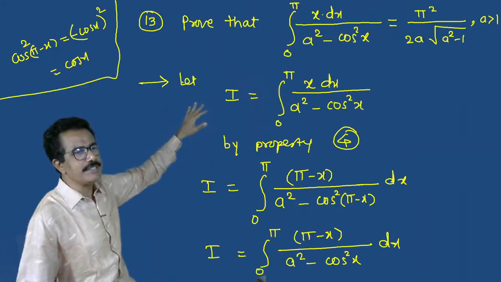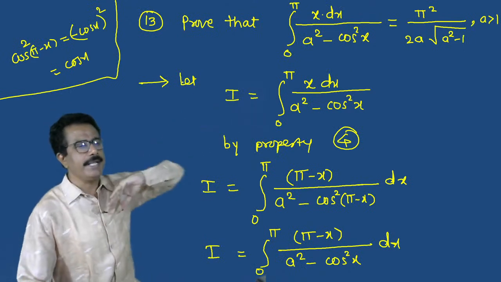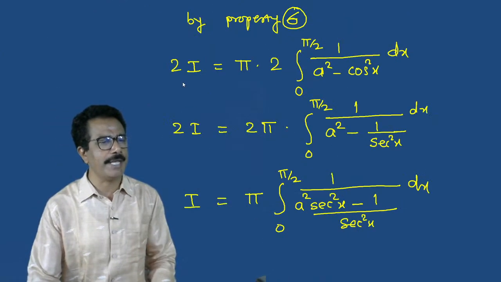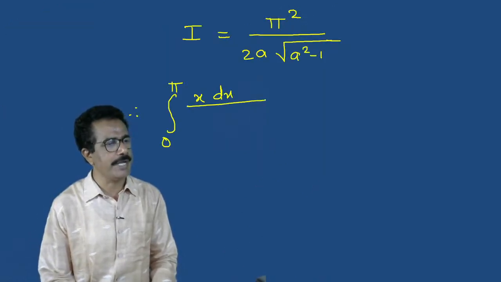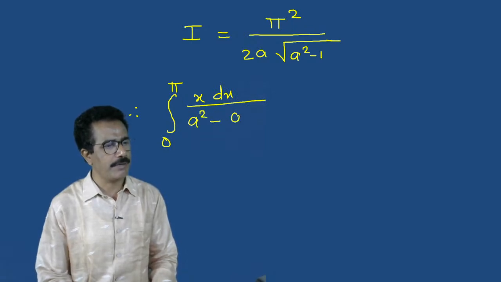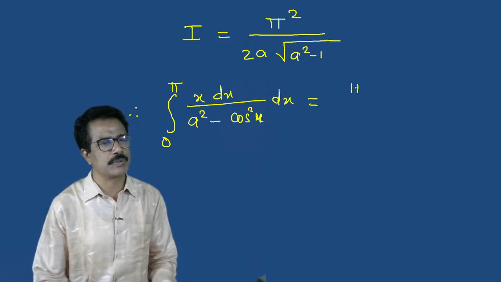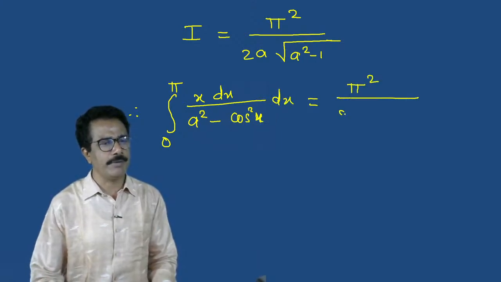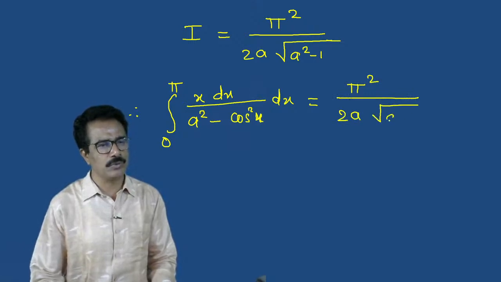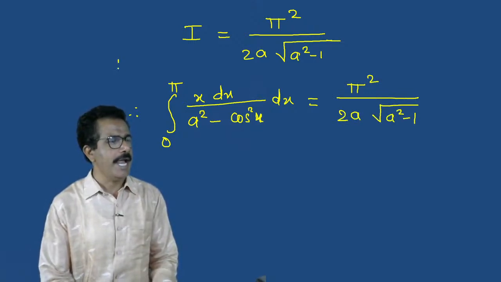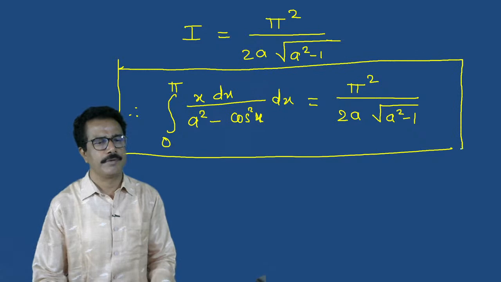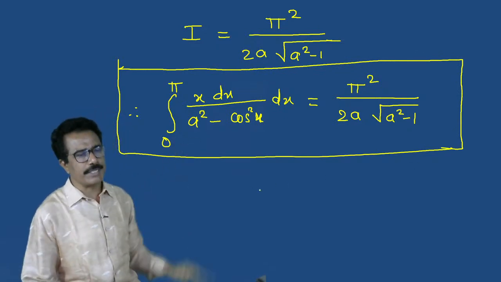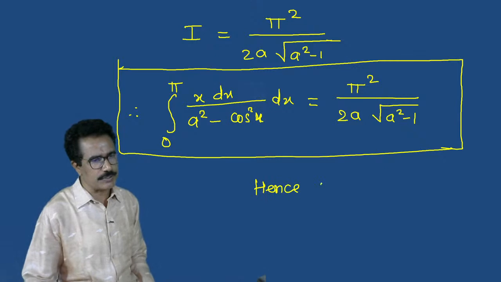We initially considered I as the integral from 0 to pi of x dx divided by a square minus cos square x, which is equal to pi square divided by 2a into root of a square minus 1, and this is our required proof. Hence proved.